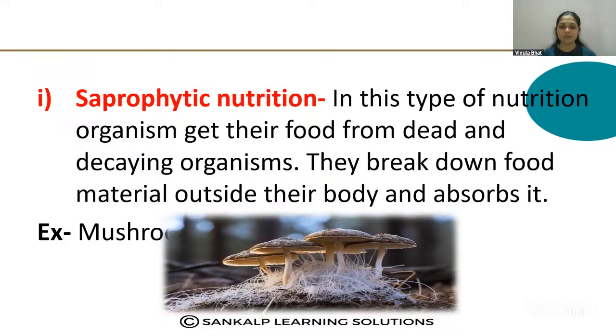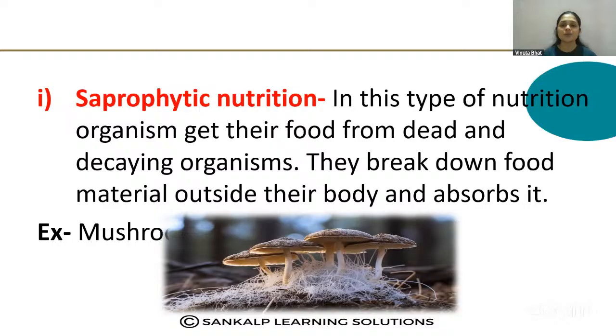The first type: in this type of nutrition, organisms get their food from dead and decaying organisms. They obtain their nutrition from dead, decaying material. In this type of nutrition, organisms get their food from dead and decaying organisms.